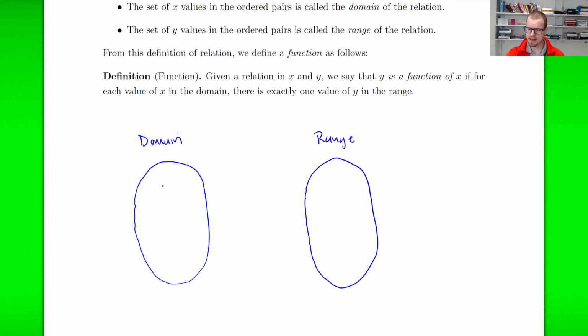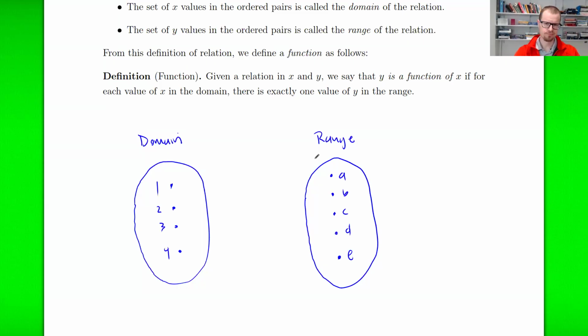So let's say we have the points. Let's go with 4 points here, and we'll call them 1, 2, 3, 4. Those are the elements in our domain, all of our possible x values. And let's say we have something like 5 points over here. Call it A, B, C, D, E.